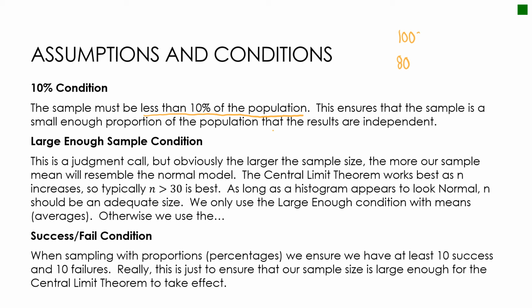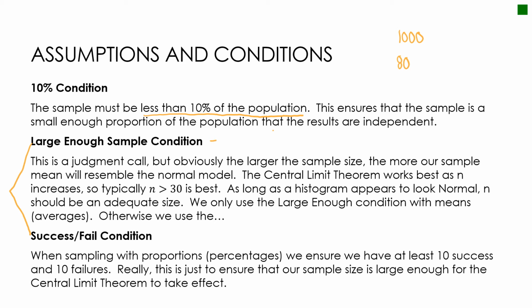So if I had, say, 1,000 and I talked to 80, well then I could say, as long as those 80 were randomly selected, then yes, it's representative of the population. So less than 10% of the population, and then it's going to be one of these two, and that's going to be based on if we're dealing with means, which is averages, or proportions.